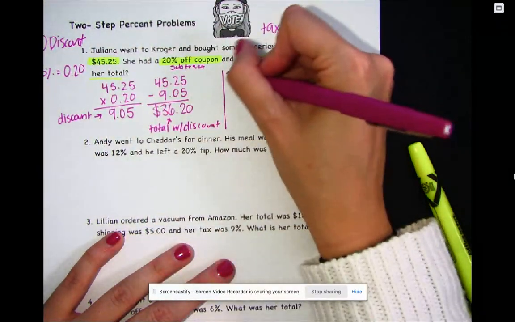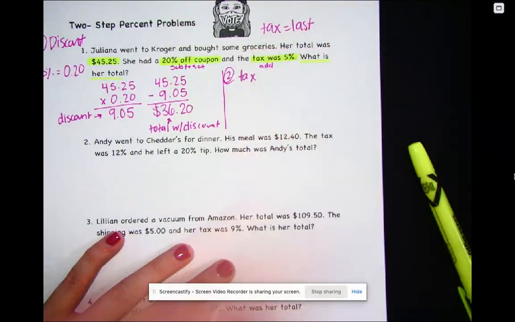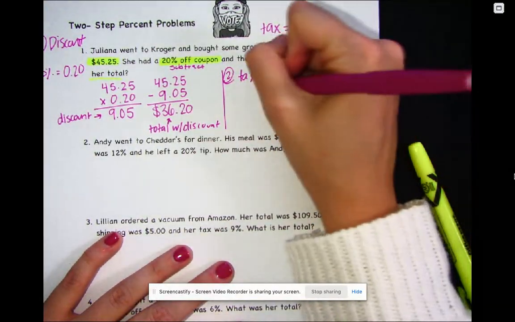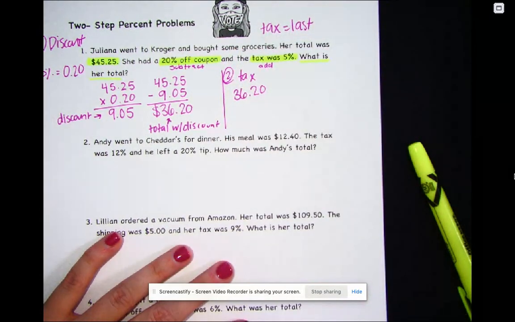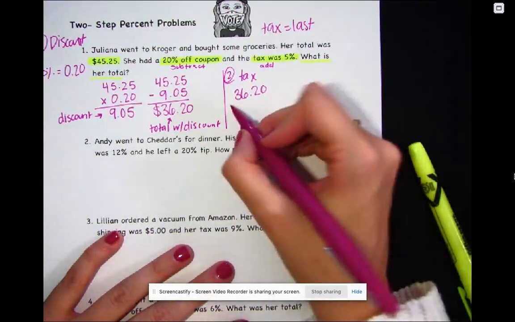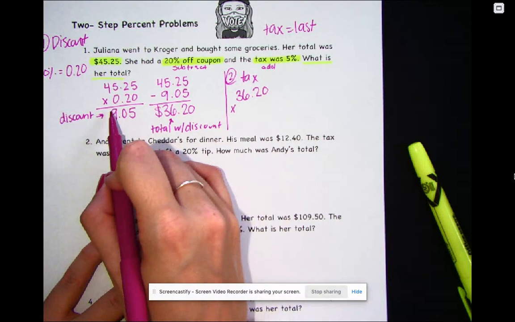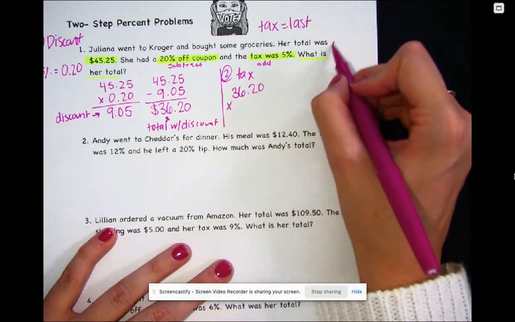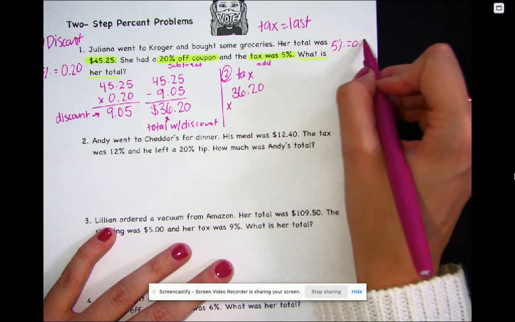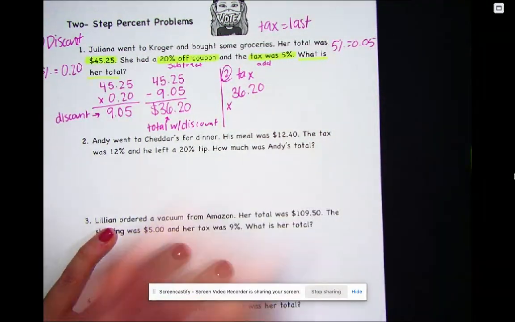Now we're going to do part two, which is the tax, okay? Now for the tax, again, we have to use our new total, which is $36.20. And we have to multiply. Remember, multiply, then add or subtract. So we're going to multiply it by 5% as a decimal, which is 0.05.